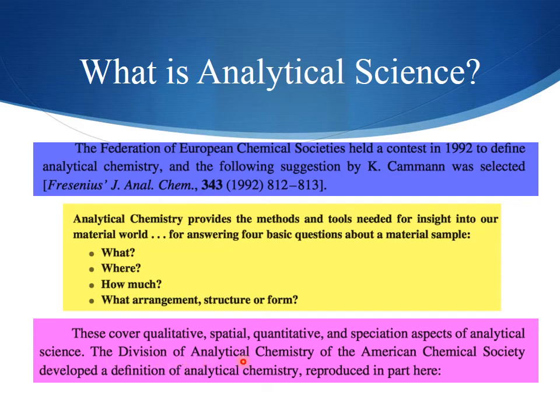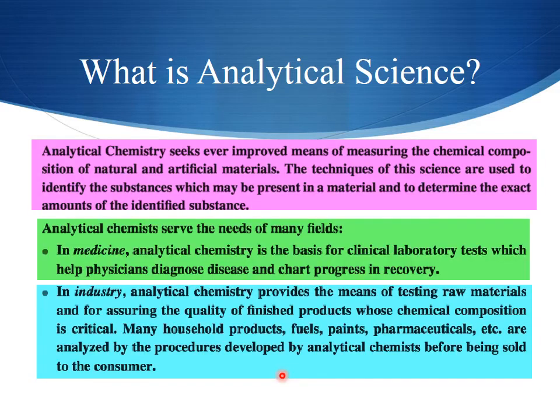The Division of Analytical Chemistry of the American Chemical Society developed a definition of analytical chemistry, which is: analytical chemistry seeks ever improved means of measuring the chemical composition of natural and artificial materials.